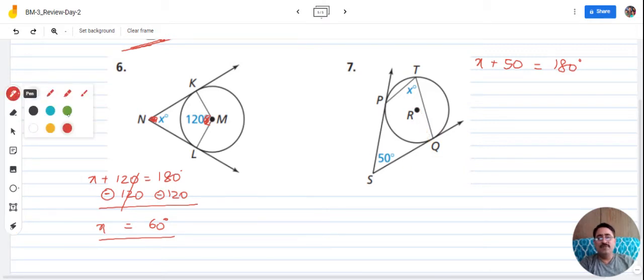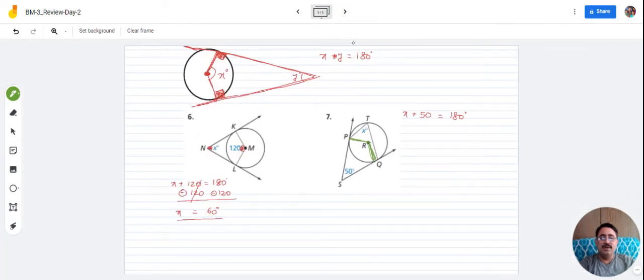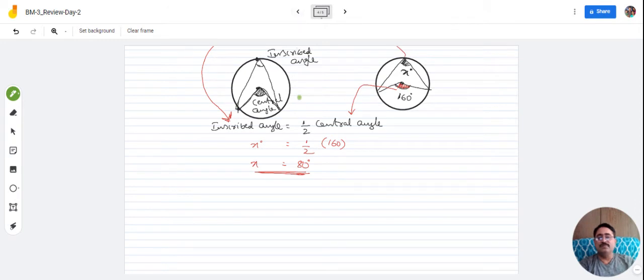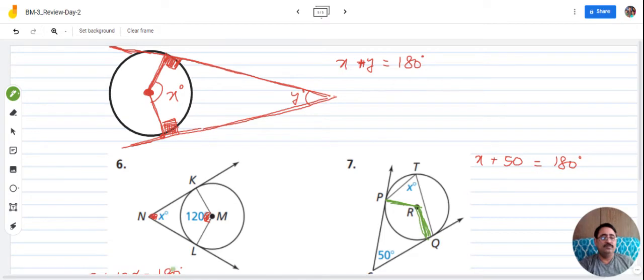Let me use a different color so that it's a little easier. In the previous page I discussed that if it is 160, this is half of that, 80 degrees. So let's come to this one.